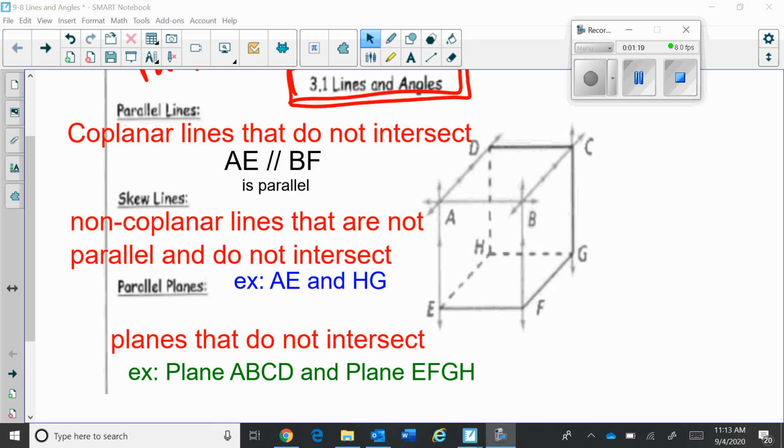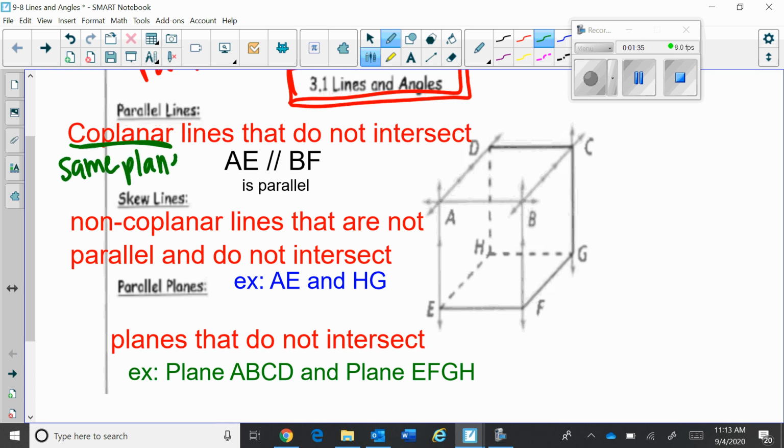So let's talk about each one of these. Parallel lines is the first one. It says they are coplanar. Let's have a refresher: what does coplanar mean? On the same plane. Coplanar lines that do not intersect. Those are the key things there. If you see these 2 symbols right here, the little lines, that means it's parallel.